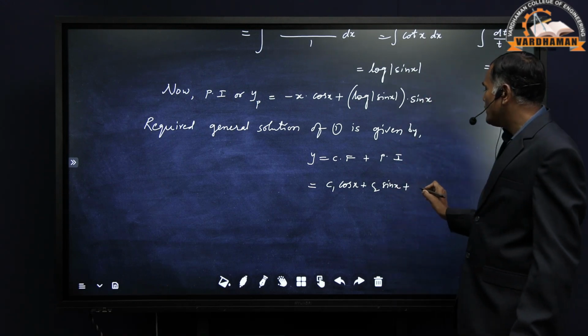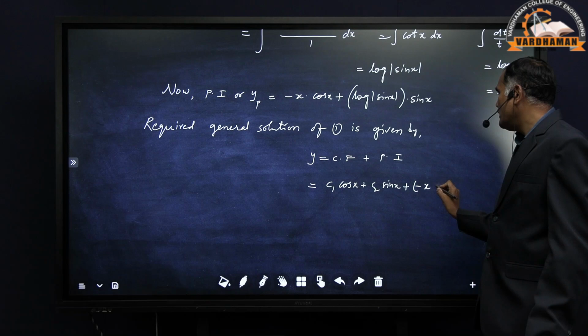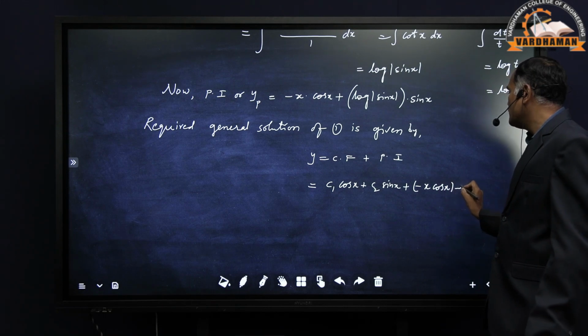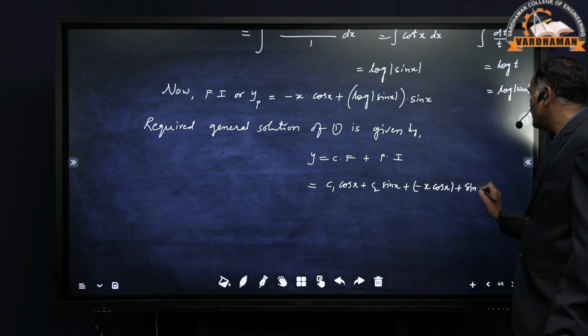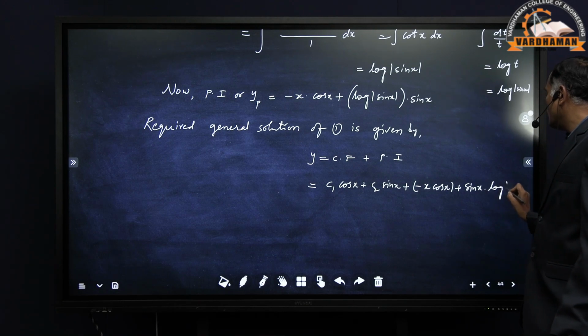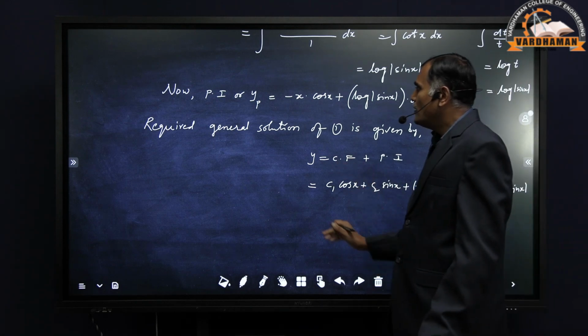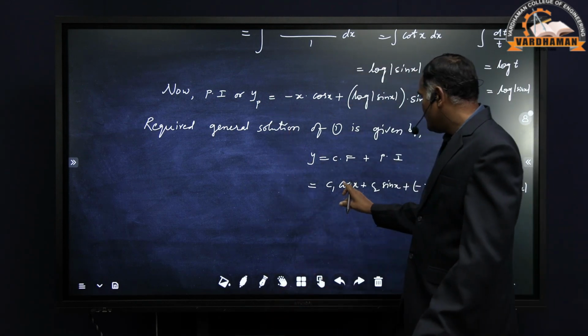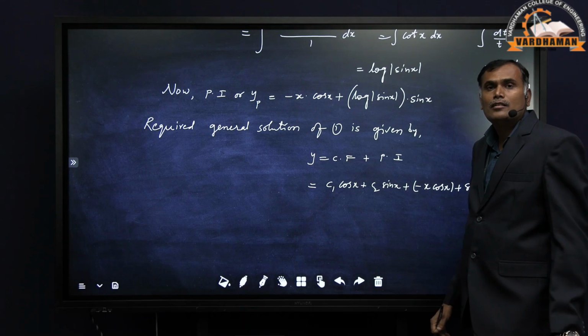Now PI is given by minus x cos x plus sin x into log of sin x. Now this gives the required solution of the problem. Here c1 and c2 are arbitrary constants.